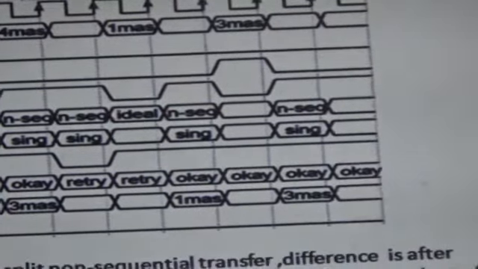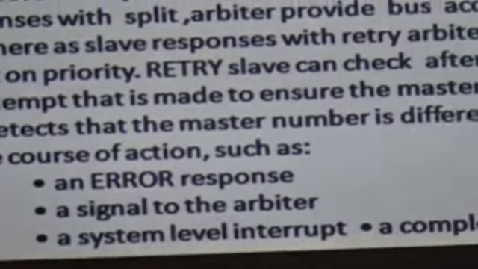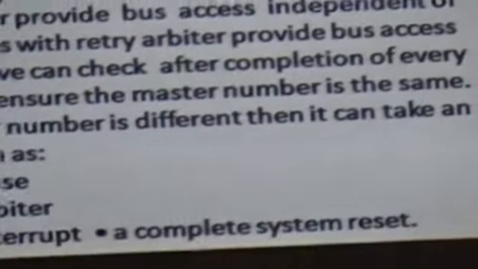Now when multiple masters are trying to access the bus, they send bus requests. What the retry slave does is compare the stored ID with all the masters which are requesting the bus. If it matches the ID of the master which requested the bus earlier with the master which is requesting the bus, then it will access the bus. If it does not find any match, it gives the three errors: error response, signal to arbiter, system level interrupt, and completion of the system reset.